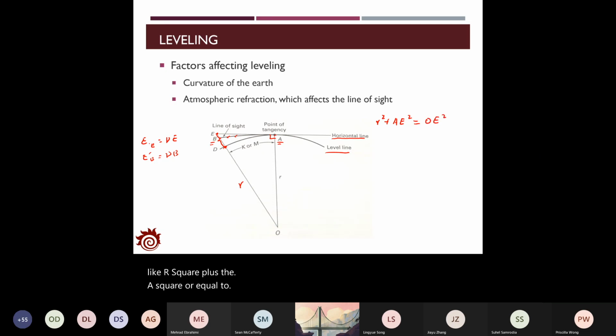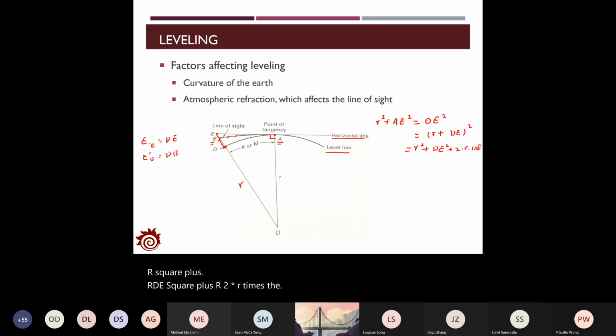This is a property of the right triangle OAE, and we know that OE actually equals R plus the distance DE, squared, and this can be expanded as R squared plus DE squared plus 2 times R times DE.